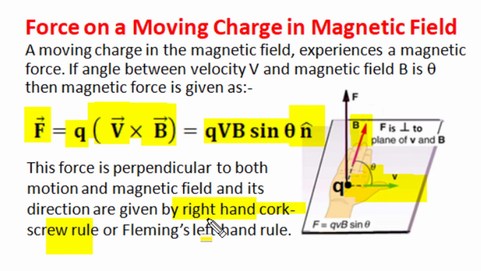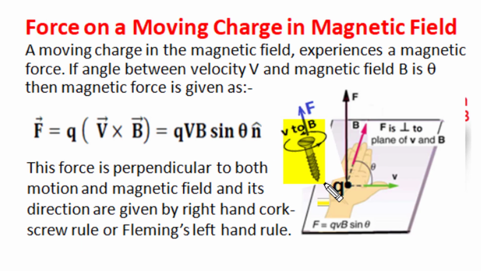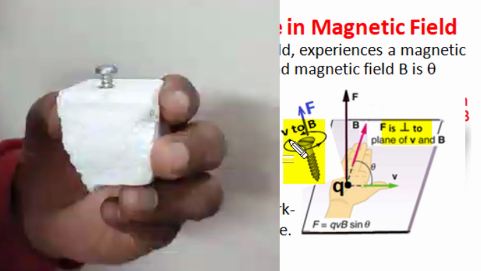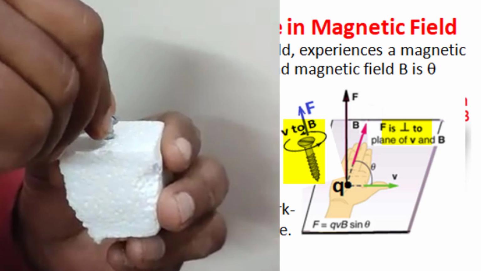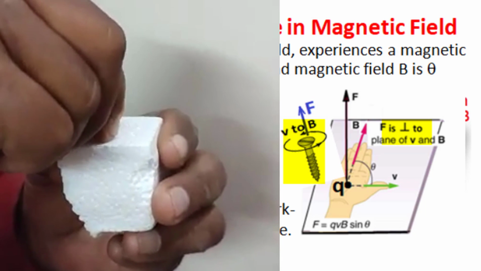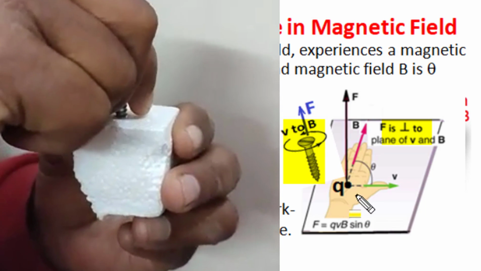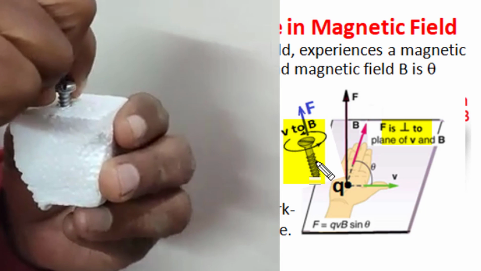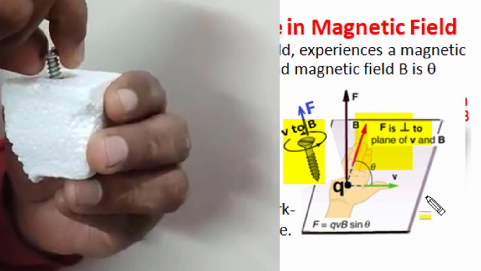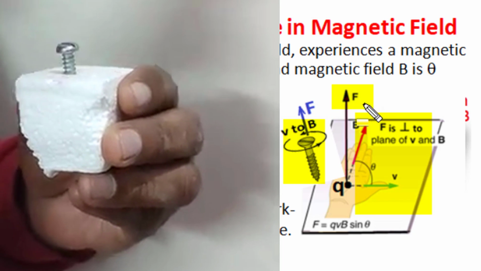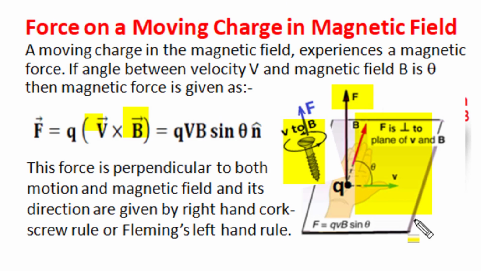When the screw axis is oriented perpendicular to the VB plane, and the right-hand screw is rotated from the first vector, velocity, to the second vector, magnetic field, through the small angle, then the progress of the screw upward, perpendicular to this VB plane, indicates the direction of the magnetic force on the moving charge.